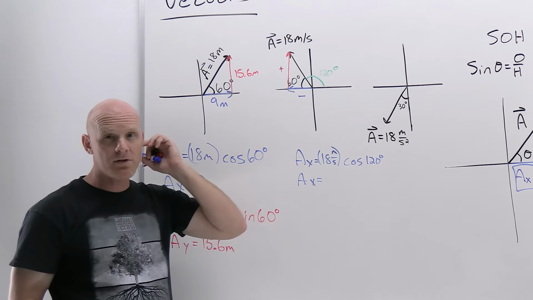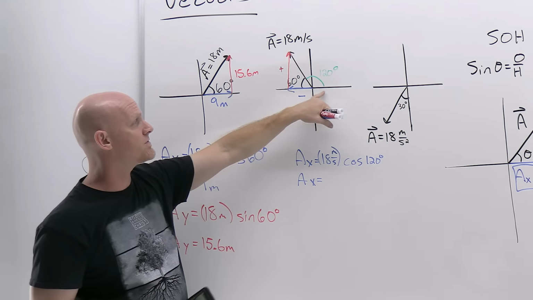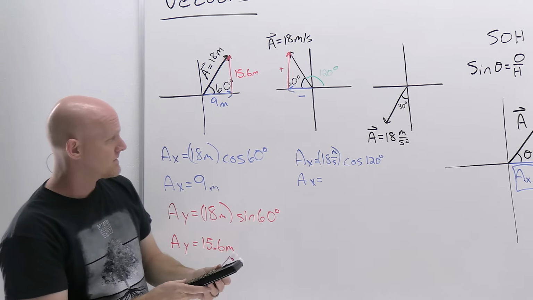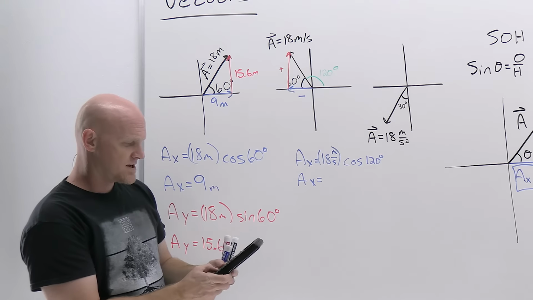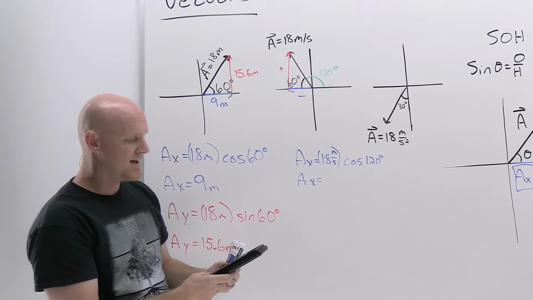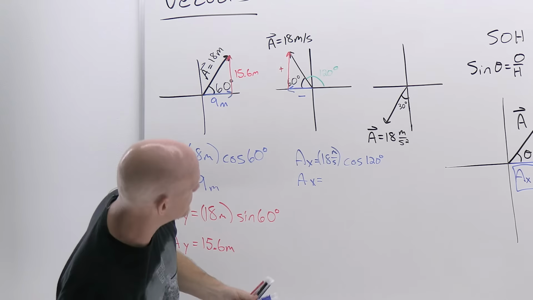I don't even have to remember that it's negative. Using the angle from the positive x-axis will generate whether it's positive or negative for me. All right, so in this case, we've got 18 times the cosine of 120 degrees, and it comes out to be -9 this time.